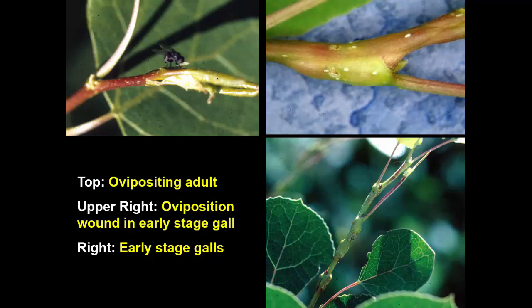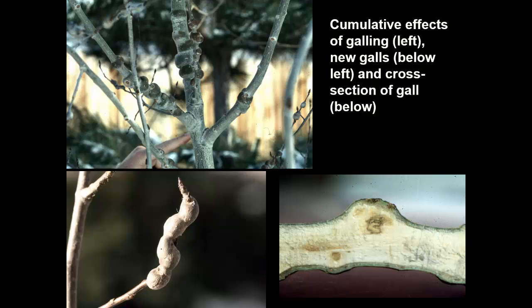There might be a little swelling, as indicated in the upper right, that will be induced from the effect of the egg being laid and the developing young within that, but not much. And you don't see much until usually sometime in midsummer, if you're really tracking this insect, and then you'll see a quite large swelling, as indicated in the lower left.